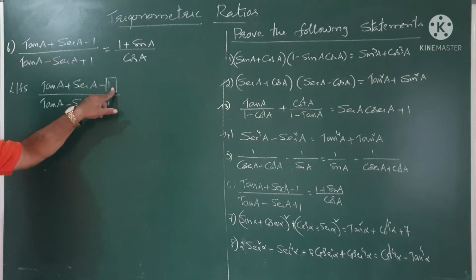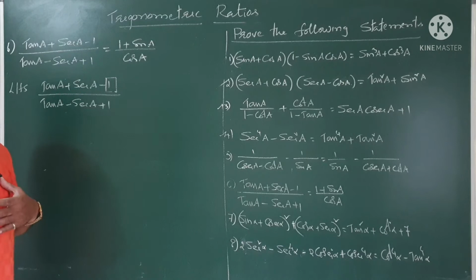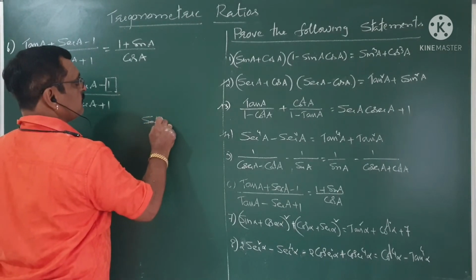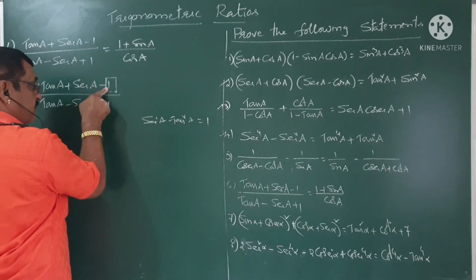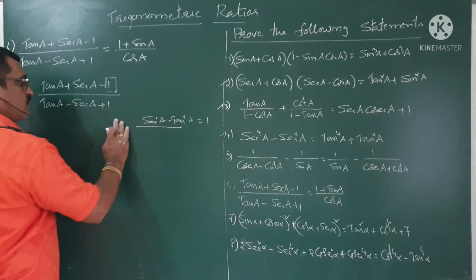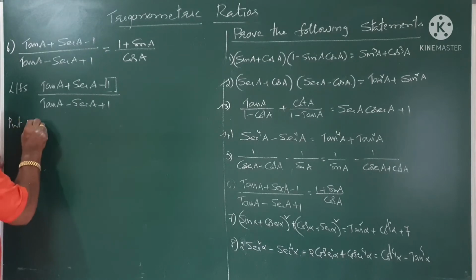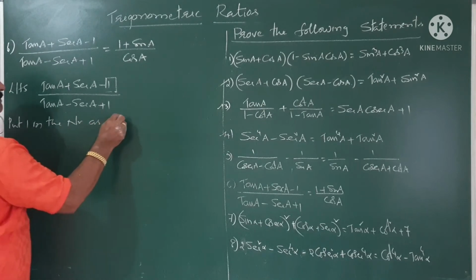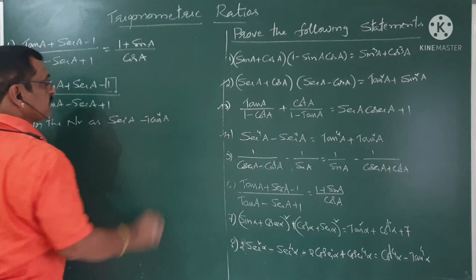In the place of 1, I have an identity in terms of secant a and tan a. What is that? Secant square a minus tan square a is equal to 1. So in the place of 1, substitute this. So put 1 in the numerator as secant square a minus tan square a.